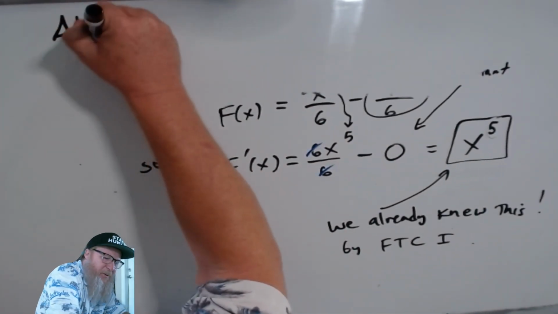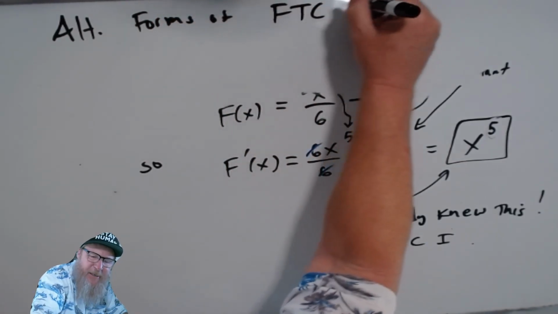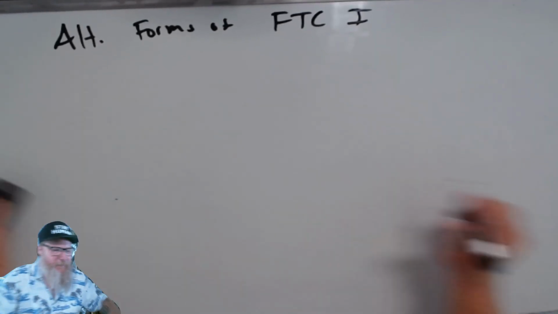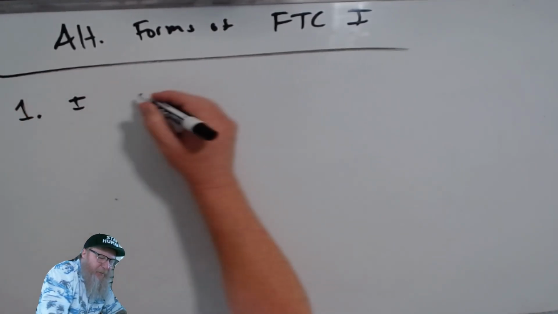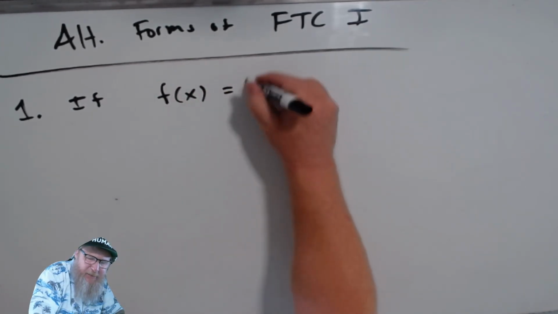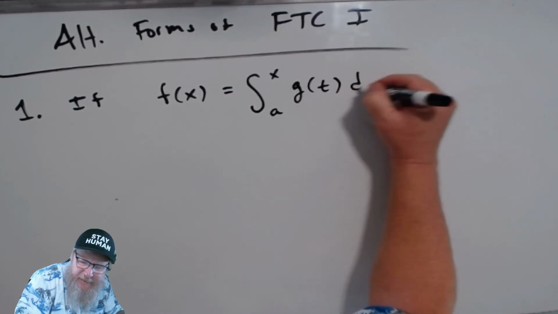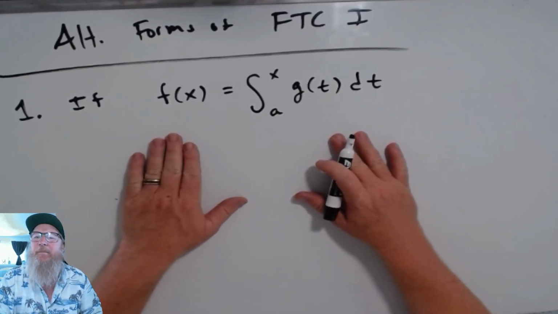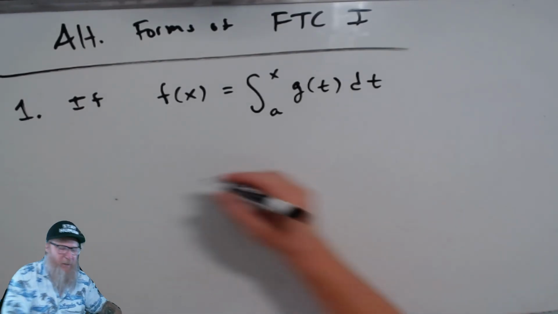We do have some alternate forms of FTC1, Fundamental Theorem of Calculus 1. You may also say, and we'll call this alternate form number 1, if capital F of x is the integral from a to x of g of t dt, I prefer this version because it doesn't confuse the capital F and the lowercase f.